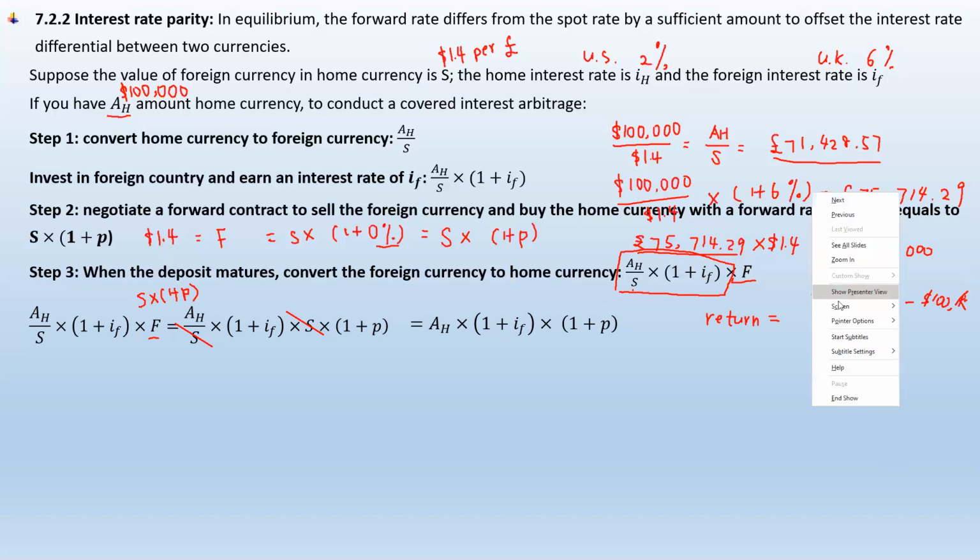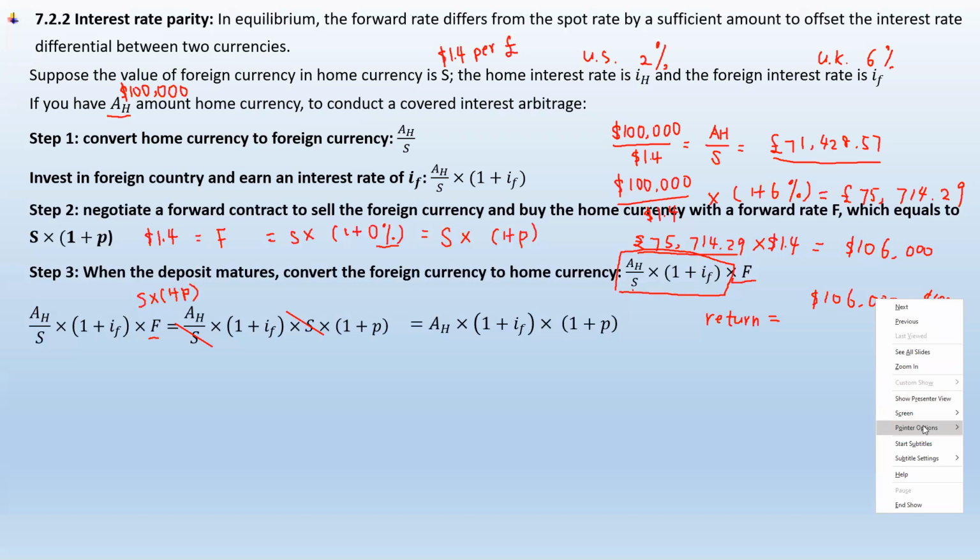Sorry, let me erase this. 100K divided by the initial investment.